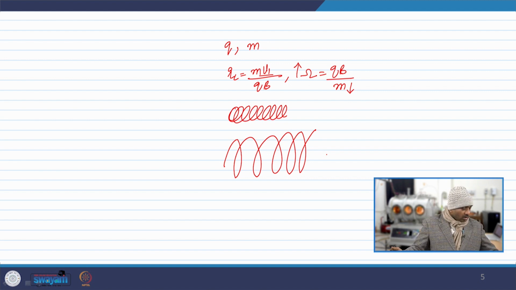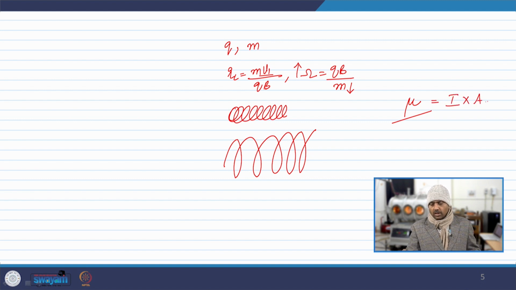So, a direct consequence of these things can be understood by bringing in what is called the magnetic moment of the particle. What is magnetic moment? Magnetic moment is measured as, let us say, current times the area, or magnetic moment in the context of a bar magnet can be written as a measure of the magnetic pole strength and the distance between the poles.